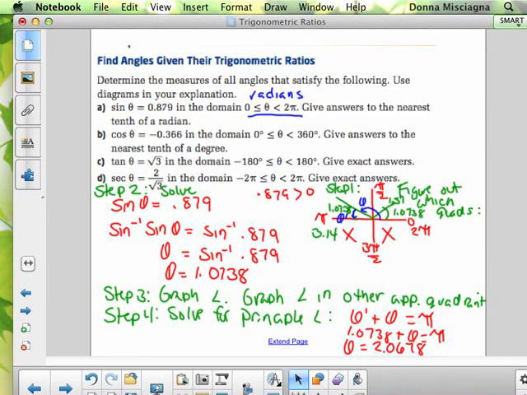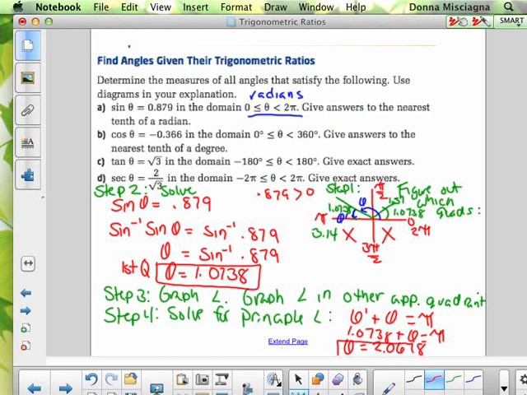There we go. And now we have the other angle. So we have our two answers. We have this one here in the first quadrant, and we have this one here in the second quadrant.